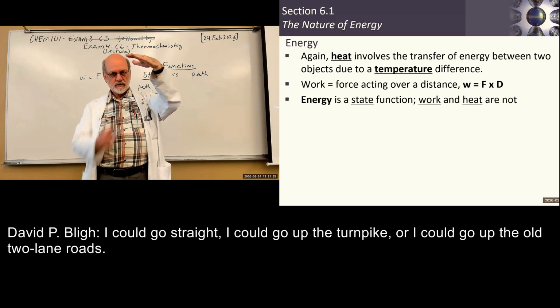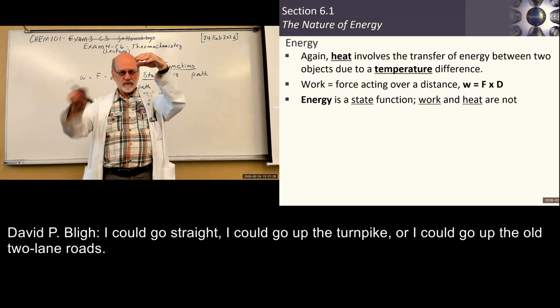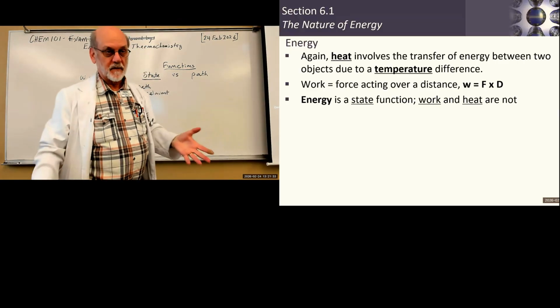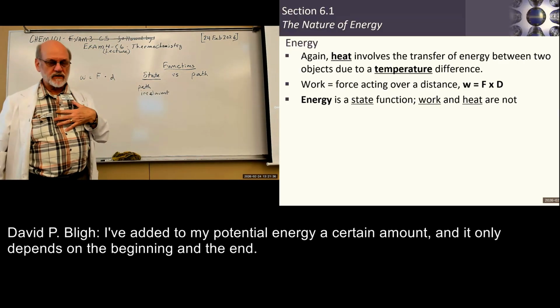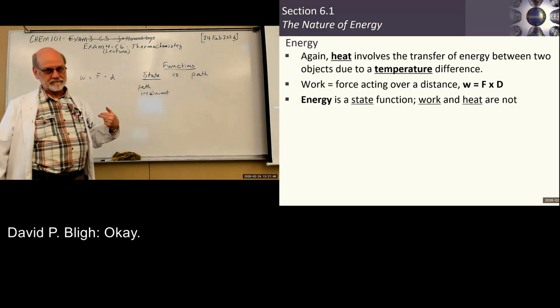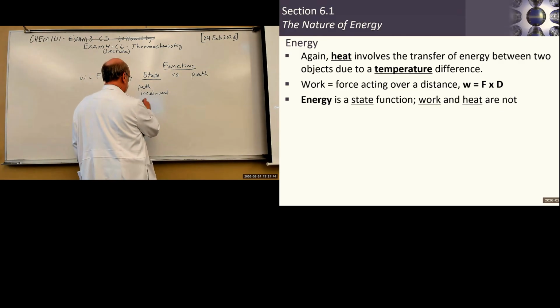I could go straight, I could go up the turnpike, or I could go up the old 2-lane roads. It doesn't matter. I've added to my potential energy a certain amount, and it only depends on the beginning and the end. That's why we say energy is a state function.